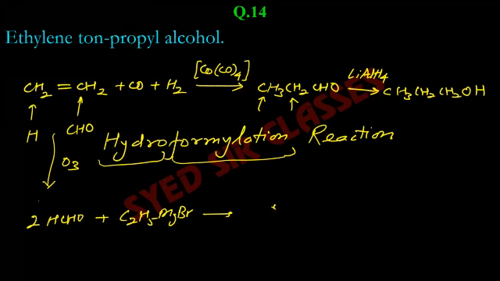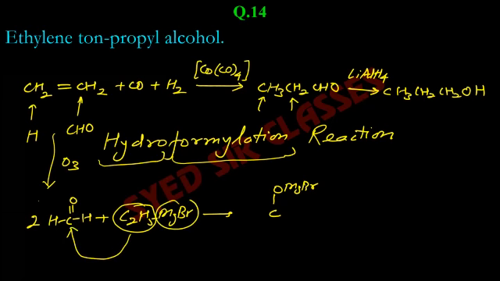So here you will take HCHO with C2H5MgBr. I'm writing it slightly differently so that it is easier to understand. The C2H5 will get attached on the carbon, and MgBr will get attached on the oxygen. So what you get is H, C, H, C2H5, OMgBr. After that you do acidic hydrolysis.